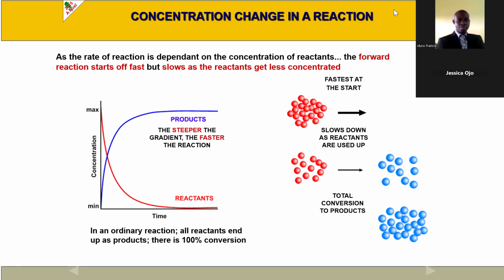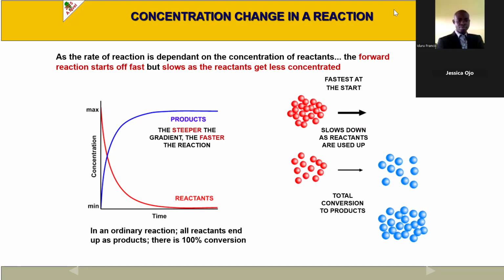So it is fastest at the start of the reaction, and then on the graph the concentration will be going down. That red line will be going down and down, because the concentration is reducing as time increases. So it slows down as reactants are getting used up until the reactants are fully used up.